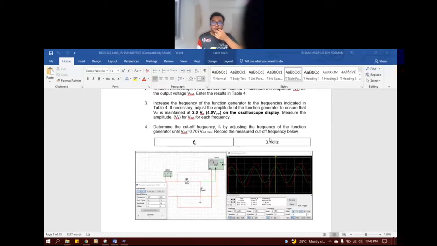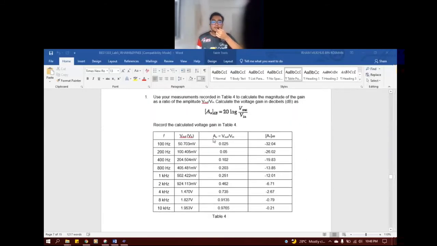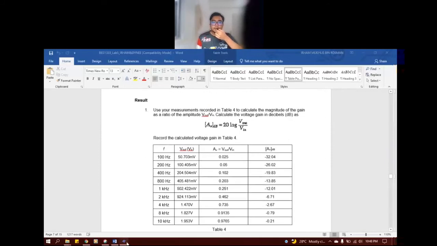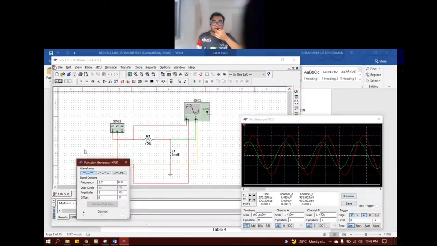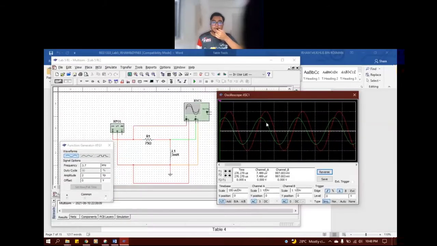So we conclude that we are using 3.7 kilohertz as the cutoff frequency. For the result, we use the RL circuit which we have done earlier. This is how we get the cutoff frequency.